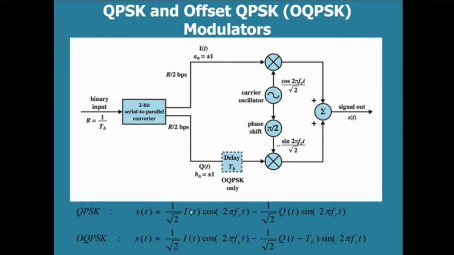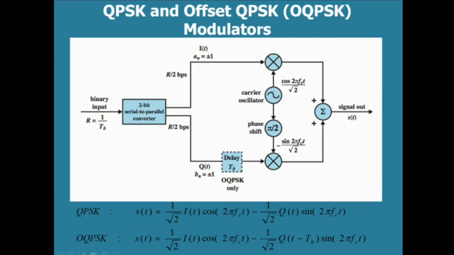First we will concentrate on QPSK, then afterwards offset QPSK. In this QPSK block, there is no need of this delay element. For this in-phase component I of t, using a carrier oscillator we will generate a waveform cos 2 pi fc t divided by square root 2. It is a product modulator and will multiply I of t into cos 2 pi fc t divided by root 2.